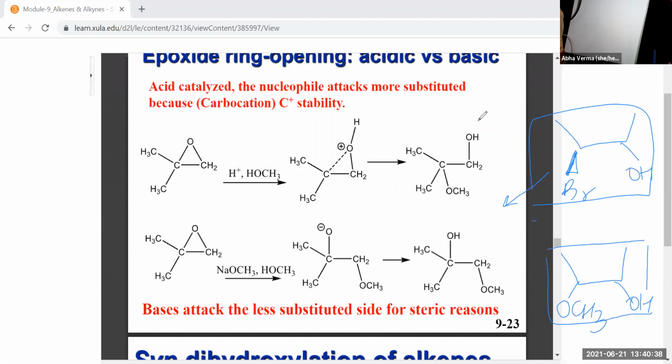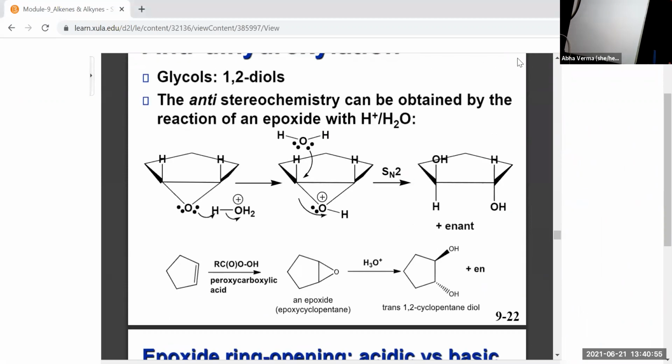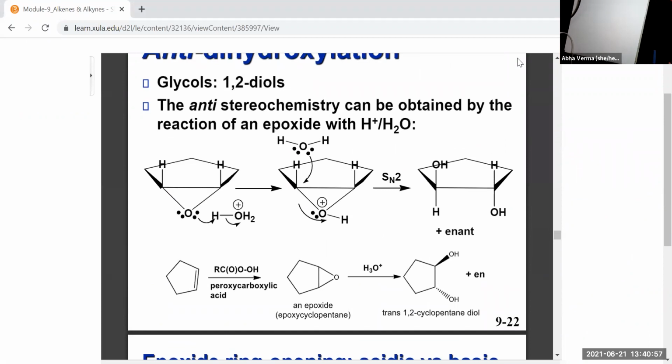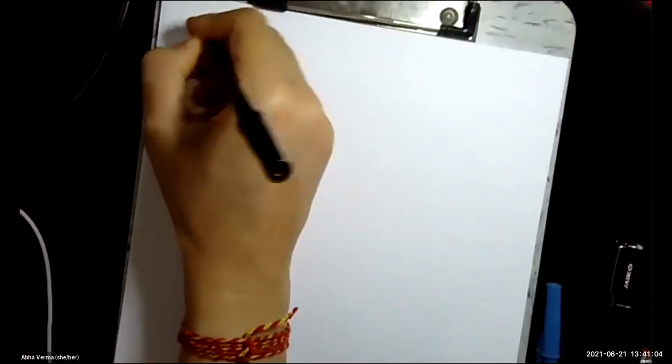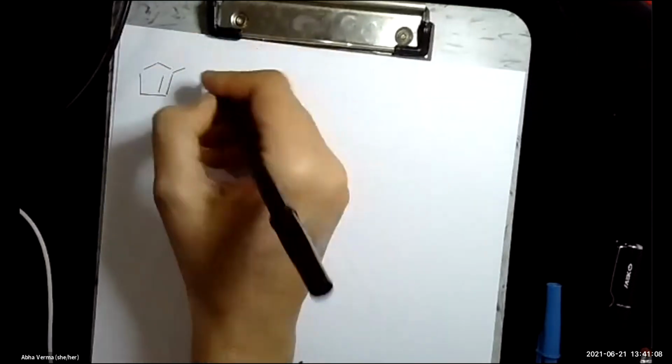That is why you have adjacent functionalizations of your groups. So that should be part of your synthetic strategy. In your book, you will see several other examples also, but I just want to show you a few here.